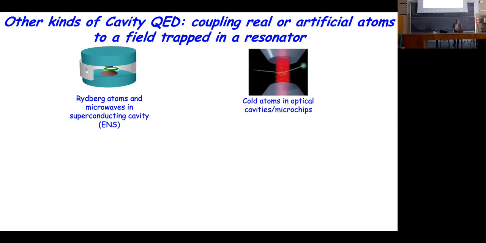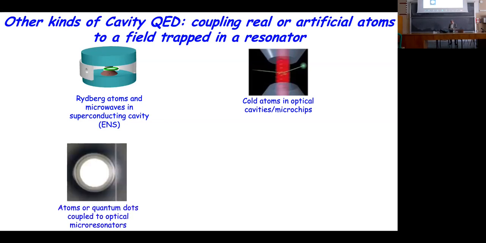For instance, you have cold atoms in optical cavities. You can build small cavities with mirrors very close to each other, a distance of less than 1 millimeter, and send slow atoms, cold atoms across it, or trap cold atoms in these structures. And there are beautiful experiments which have been made in the optical domain, Cavity QED.